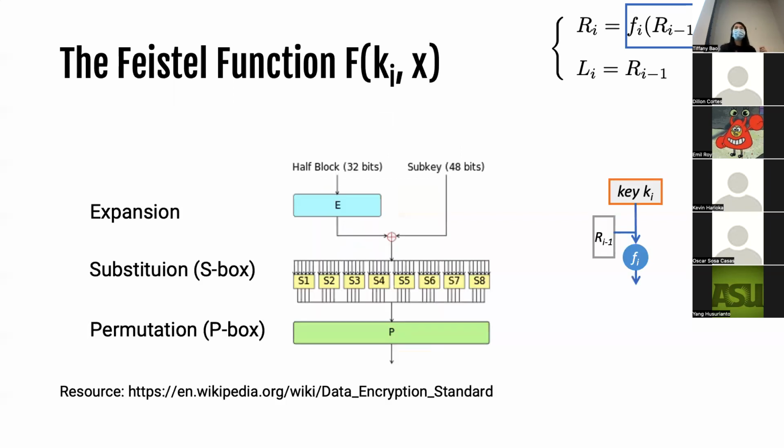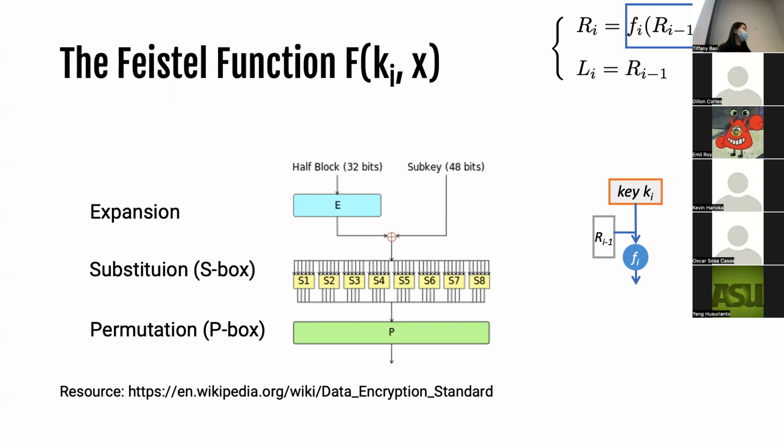And here is how that works. It has actually three parts all together. Remember that the half block is 32 bits. But for the key, the subkeys we generated are 48 bits. Okay? So the first thing that we're going to do is expand this half block to make it as many bits as your subkeys, so that you can put these two halves working together later on.